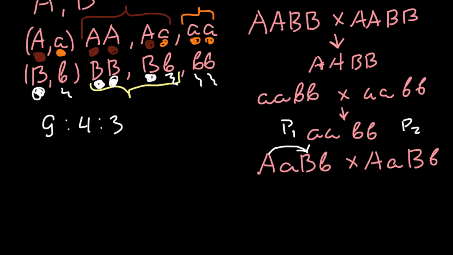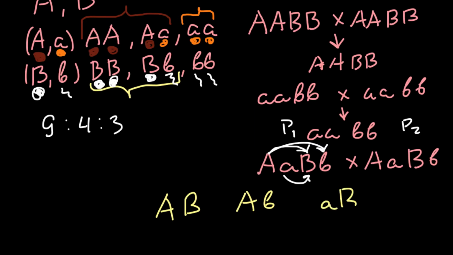It can be capital A and capital B. It can also produce capital A and small b gametes. It can also produce small a and capital B gametes, and the last variant would be small a and small b.